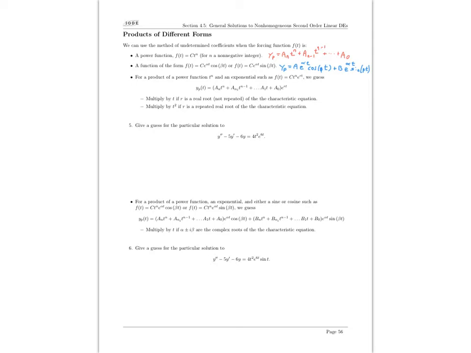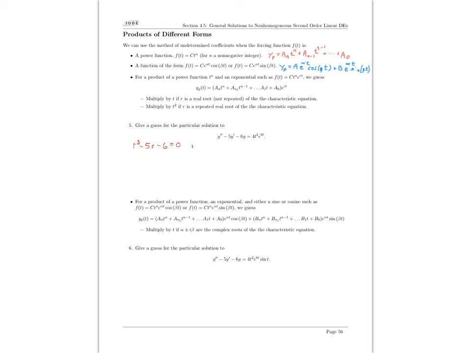Before we come up with a guess for a particular solution, we always want to think about what the homogeneous solution is, since we may run into some resonance. So here, to find the homogeneous solutions, the characteristic equation is r squared minus 5r minus 6 is equal to 0.